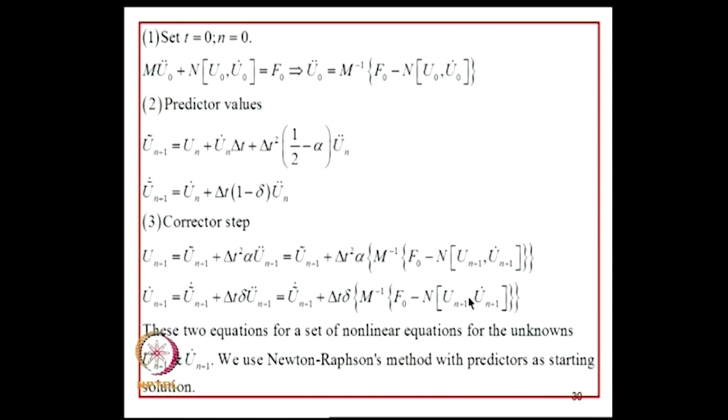Now, you see here the unknowns are u n plus 1 and u dot n plus 1, and on the right hand side the unknowns are contained in these nonlinear terms. So, actually these two equations form a set of nonlinear equations for the unknowns u n plus 1 and u dot n plus 1. We use the Newton-Raphson method with the predictors as the starting solution. We use these quantities with tildes as the initial guess and use Newton-Raphson.